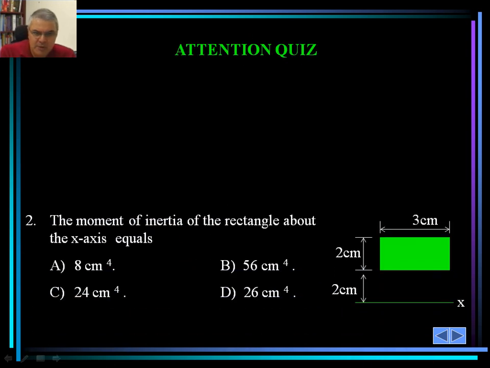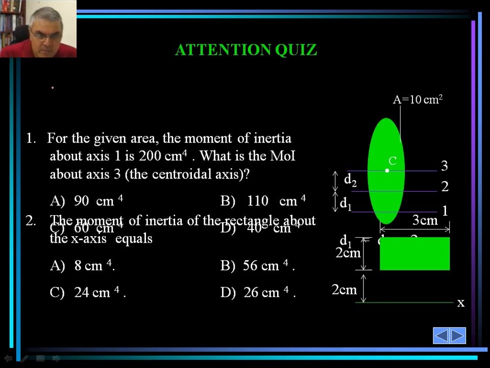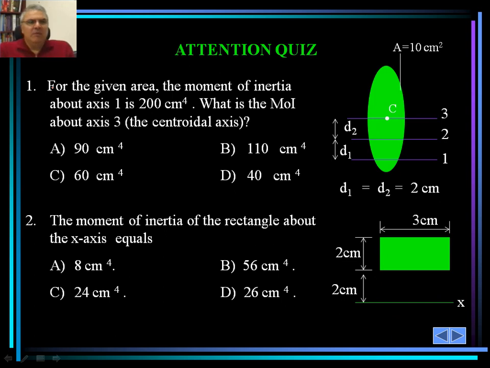Let's take a look at an attention quiz before we wrap this session up. Let me look at number one. For the given area, the moment of inertia about axis 1 is 200 centimeter to the power 4.